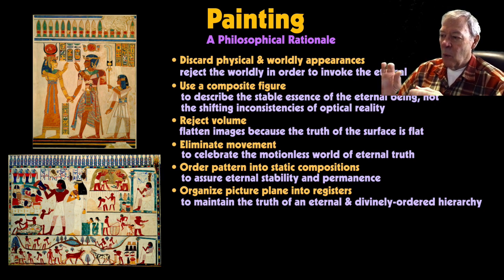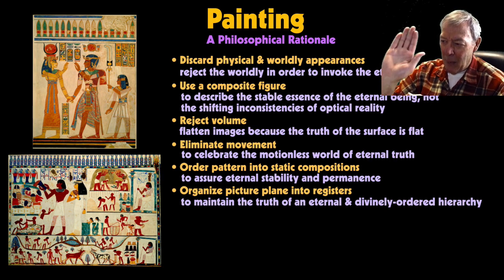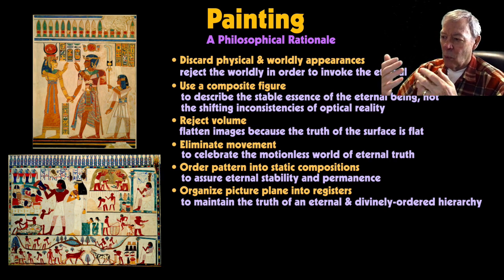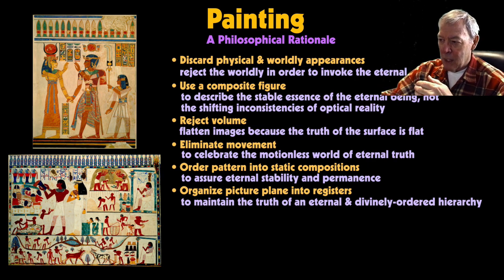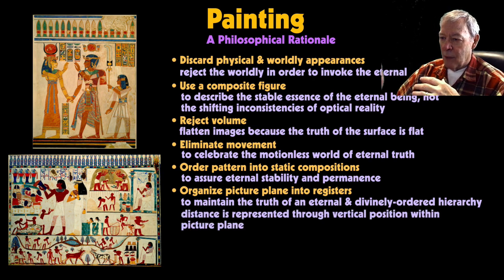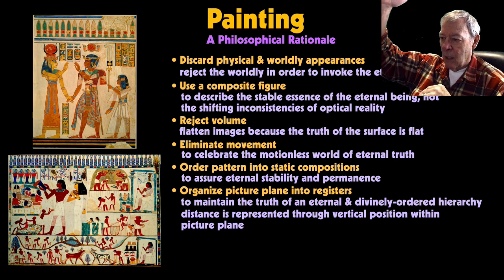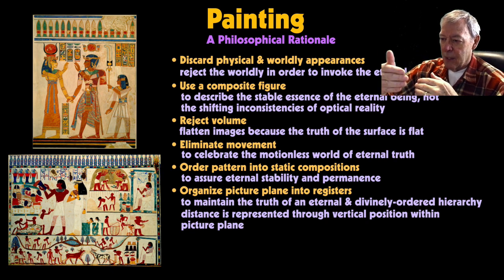And so in the artwork, that hierarchy must be maintained, and you cannot maintain it using a realistic linear perspective approach to the picture plane. So instead you employ this compositional device where the picture plane is divided into registers, and then distance is represented through vertical positioning rather than size.